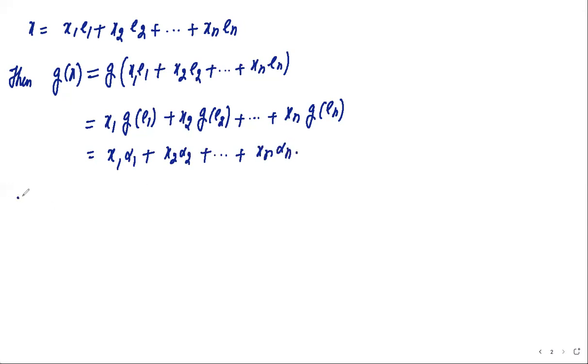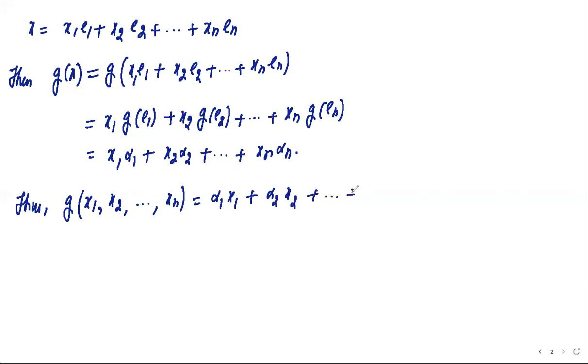So thus g of x, where x is equal to (x1, x2, xn), is equal to alpha 1 x1 plus alpha 2 x2 plus so on plus alpha n xn.